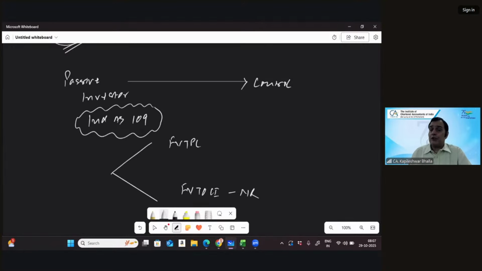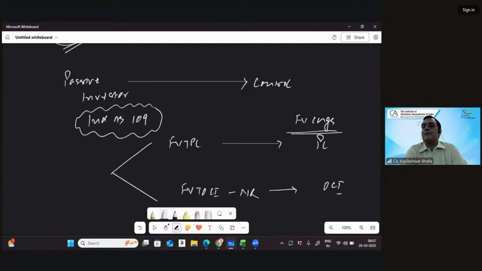Now, if it is a case of FVTPL, then any fair value changes, whether it's a gain or a loss, will be captured in the P&L. And if it is a case of FVTOCI, any fair value changes will be taken in the OCI.